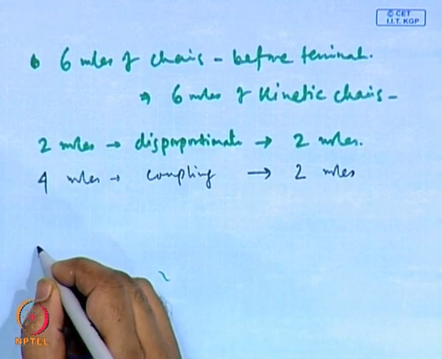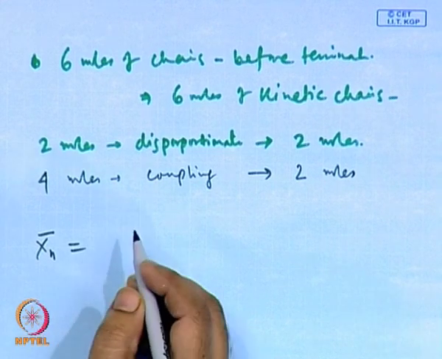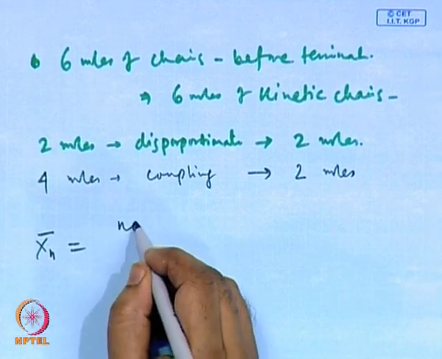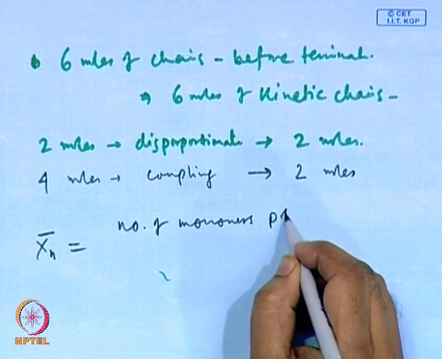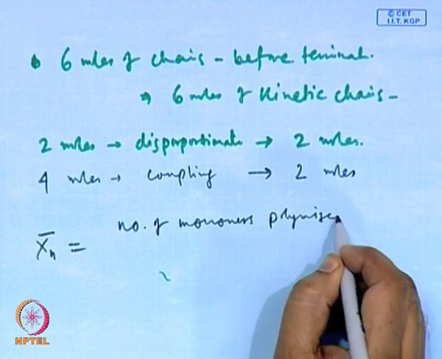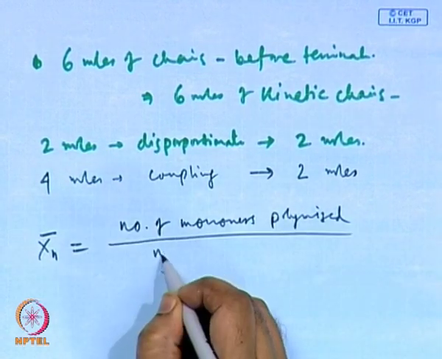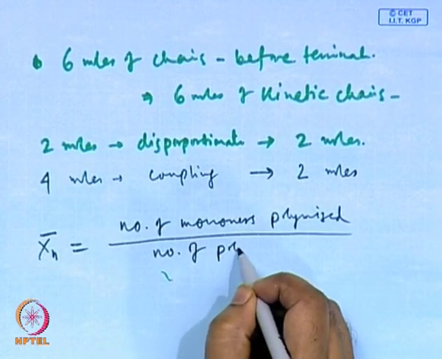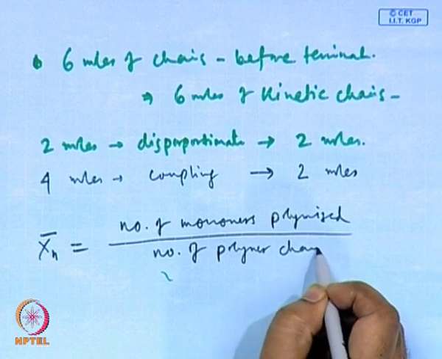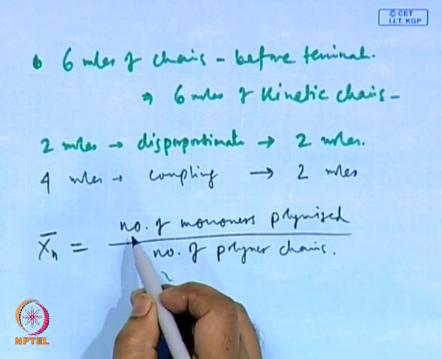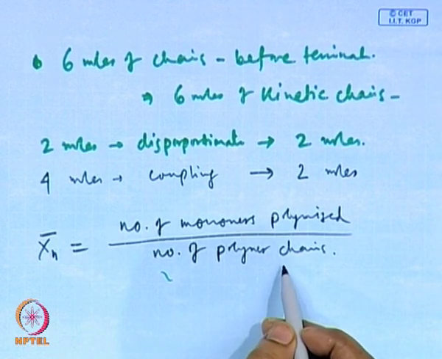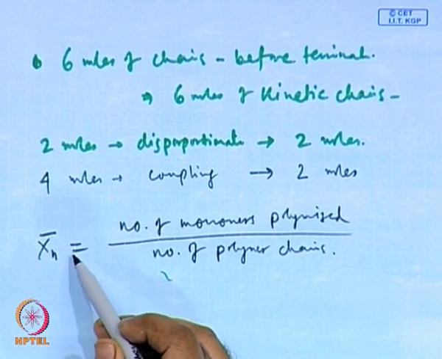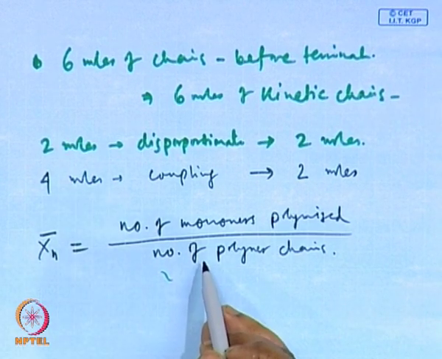So, what is the average degree of polymerization? The number of monomers polymerized divided by the number of polymer chains, because this is the total number of monomers polymerized and this is the number of chains formed. So, that will give the average number of monomers present in a single chain.